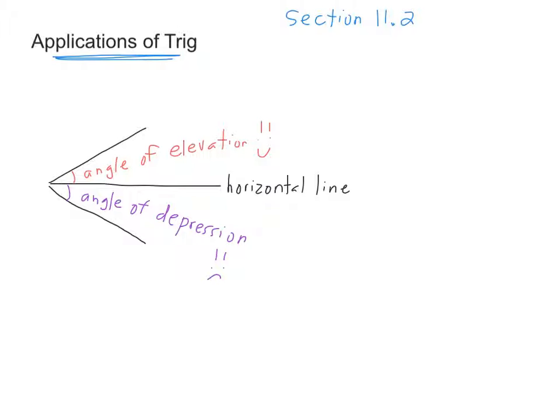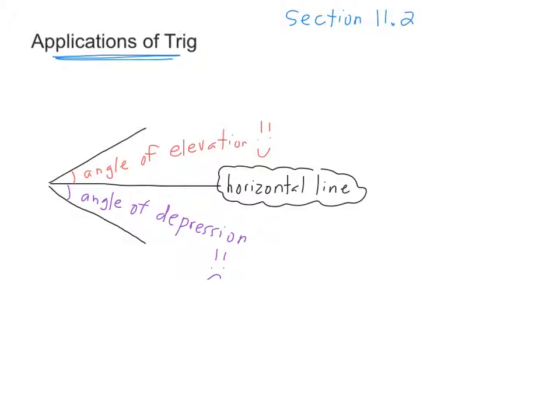So the first type of application here deals with a word problem where we're talking about either the angle of elevation or the angle of depression. Understand that both of these are based off of a horizontal line. That's kind of like your starting point. So maybe you're talking about the ground as your horizontal line. In that case, we're dealing with, let's say, an angle of elevation.